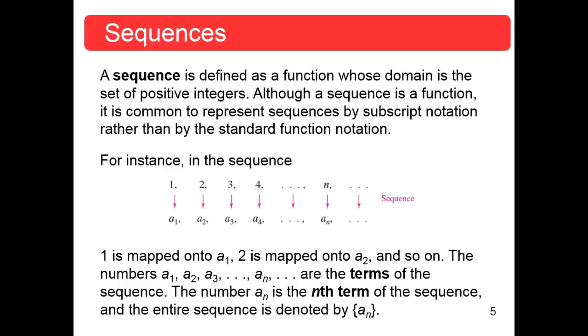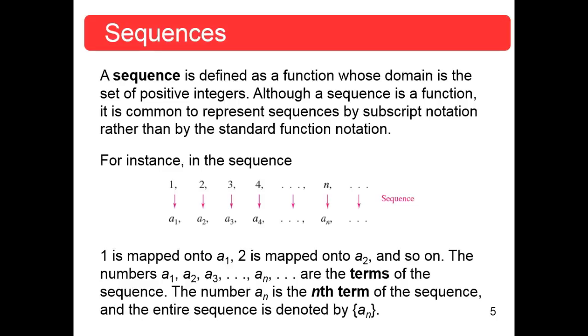That symbol there is called the brace. I don't know if you've run into this before. A sequence is denoted by the symbol, the brace with a sub n in it. It's the nth term in a sequence. The entire sequence is denoted by the braces over a sub n.